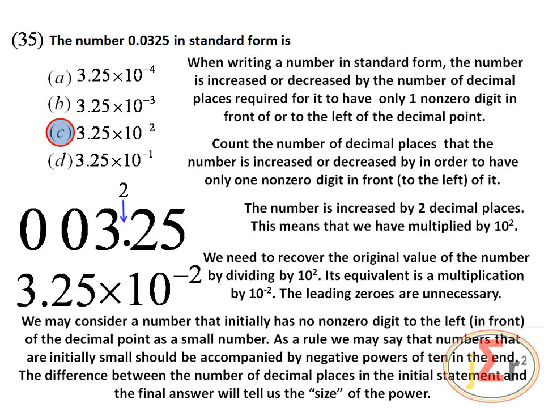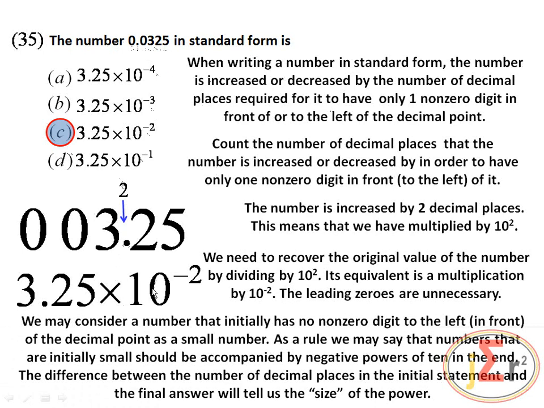So we have what? A number that is small because it has no non-zero digit to the left of the decimal point. Therefore, the answer is to be accompanied by a negative power of 10. So what is that negative power of 10? The difference in the number of decimal places in the original statement and the final one is 2 places of decimal.